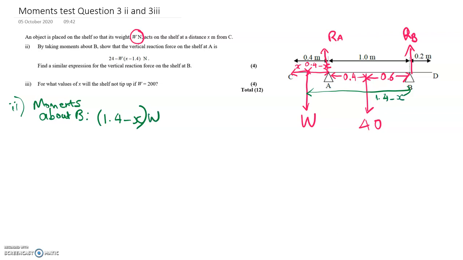Times W. Okay, and that would be going this way, which is anti-clockwise, so I'm going to put a minus there. Then I've got the RA force, which is 1 meter away, and that's going clockwise.